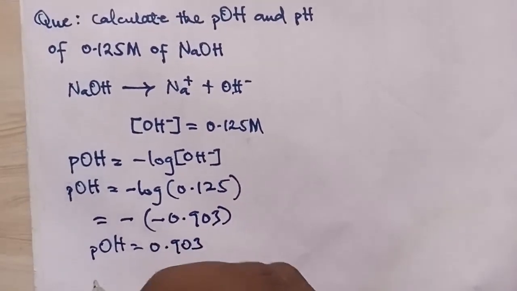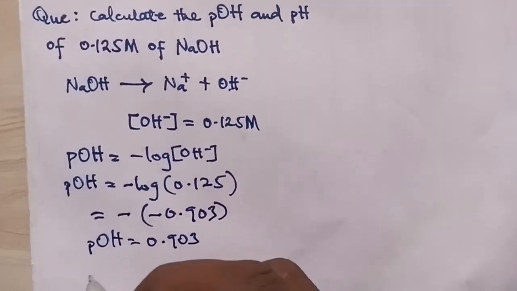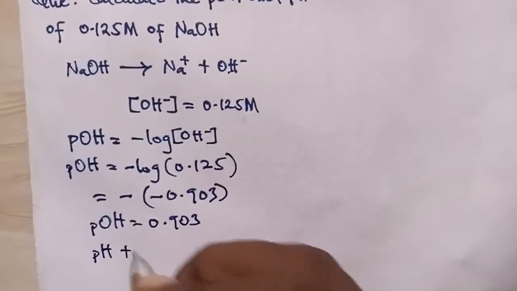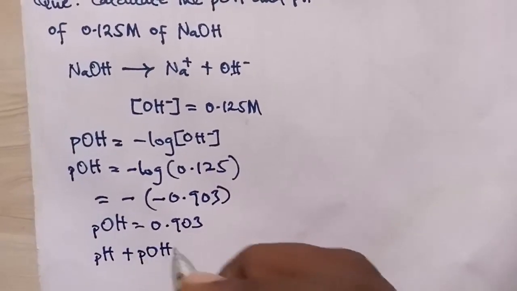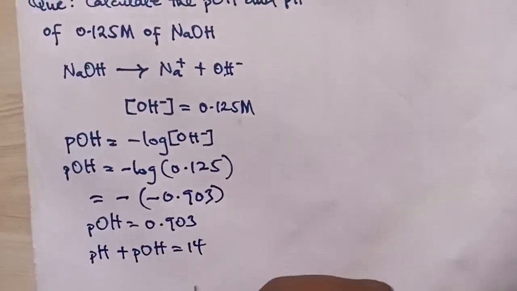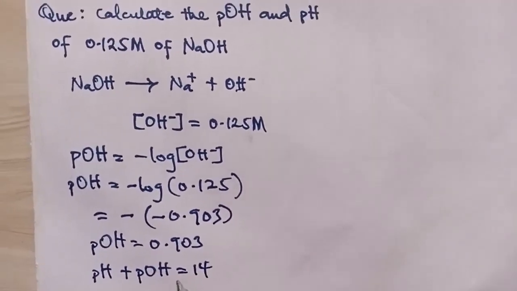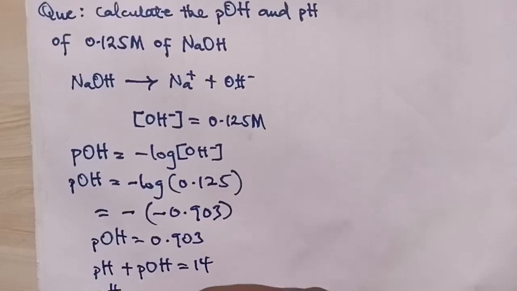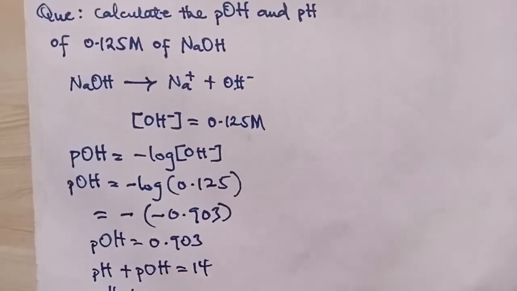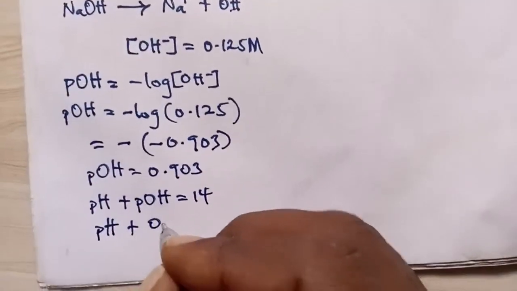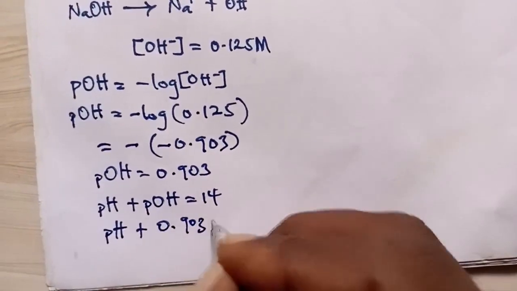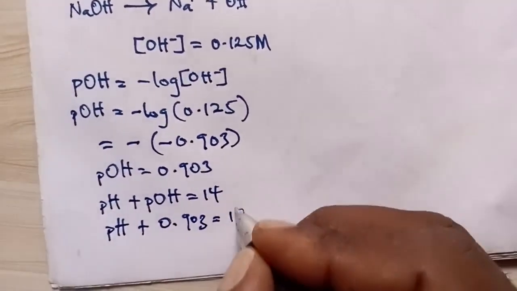Remember that pH plus pOH is equal to 14. What it means is that pH plus this, which is already 0.903, gives us 14.